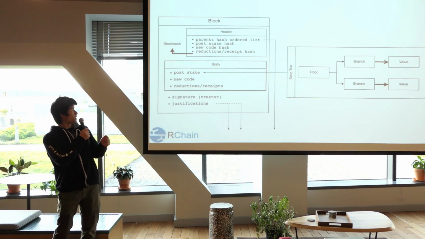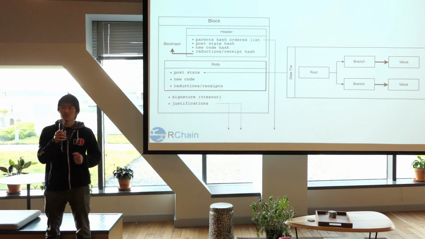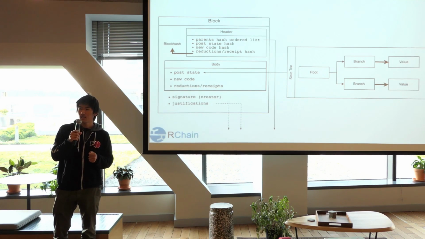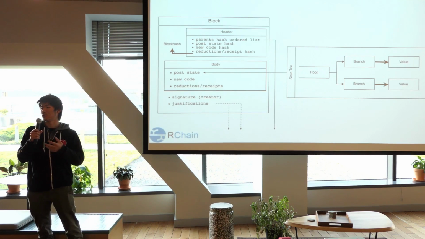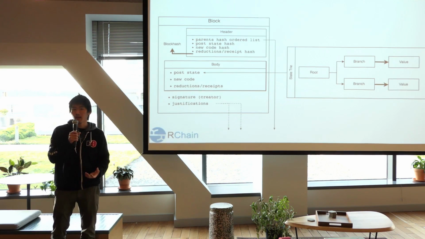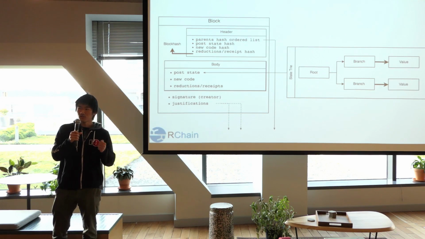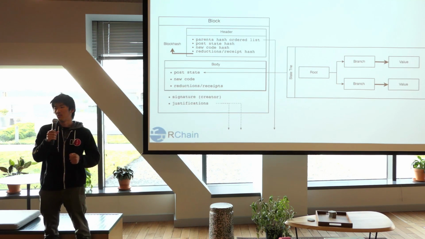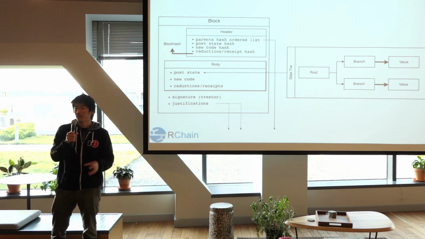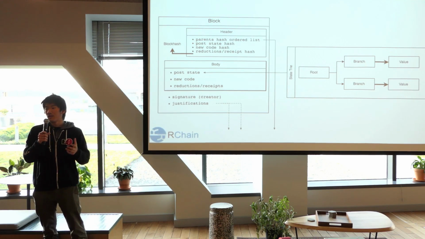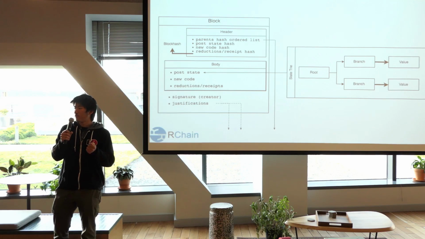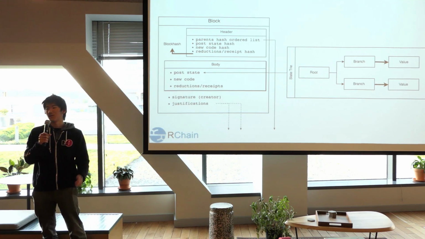But in RChain's model, we have proof of stake, which doesn't require that. In essence, it makes creating blocks almost free in comparison. But what's important is that you justify what you're building on top of. One thing we don't want is for people to just create arbitrary forks.